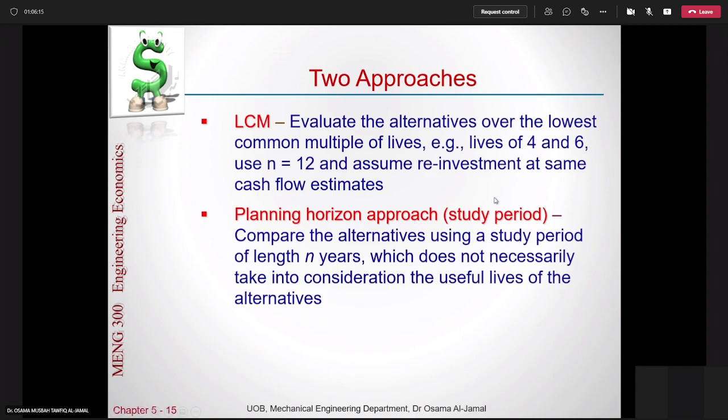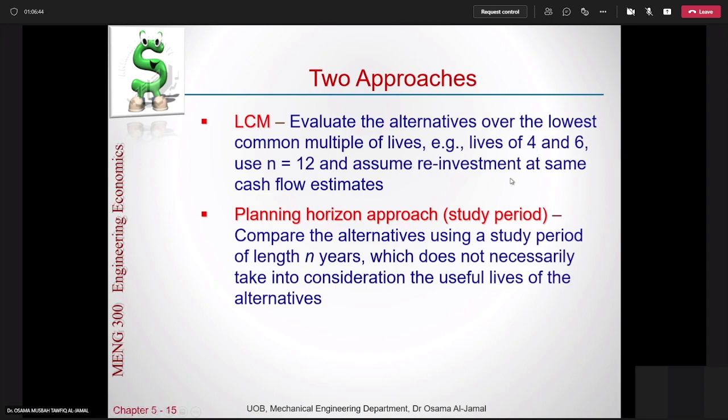Planning horizon approach, which is the study period: compare the alternatives using a study period of length n years, regardless of the life of each alternative. We are not going to do any calculation; it will be given to us, for example 8 years, 12 years, 19 years, 20 years, whatever number of years. If we have those two, for example 4 and 6, we're not going to do any LCM.